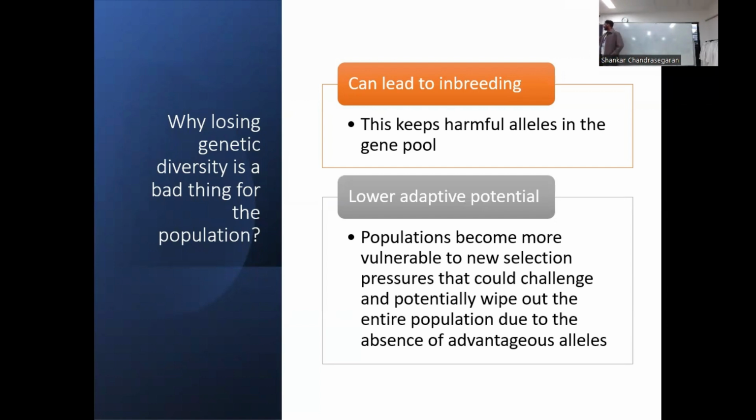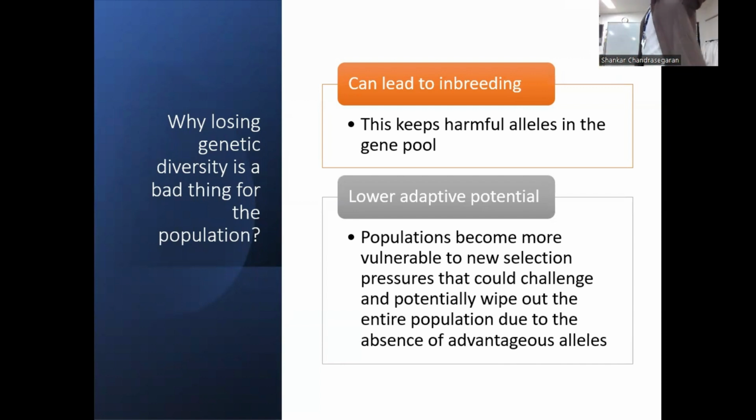Next is lower adaptive potential. So like we looked at in the previous topic, what are the reasons natural selection can occur? The four reasons. One is variability. The fact that they have variability within a population allows them to survive selection pressures and have a phenotype that can be selected for.